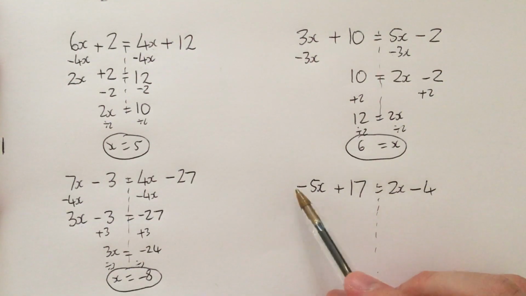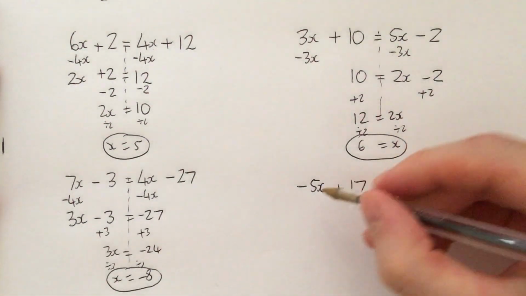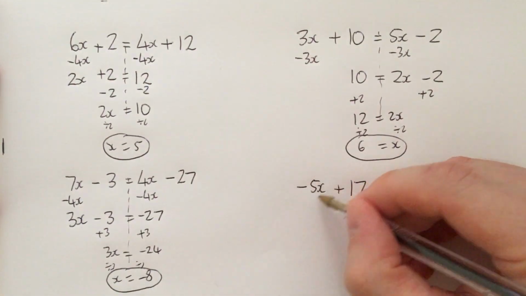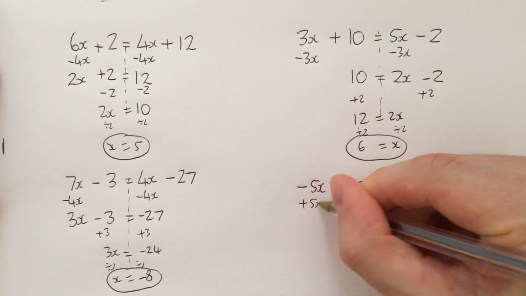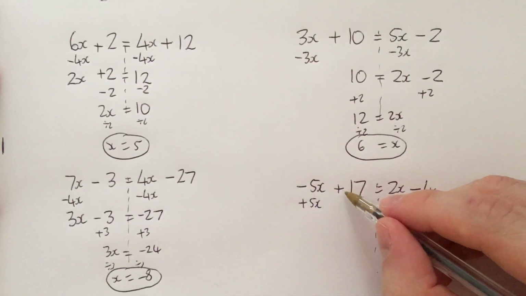That says 2x, that says negative 5x. Technically, negative 5 is smaller than 2. So to get the x's on the same side, I'm going to look at this number, because negative 5 is smaller, do the opposite, which is positive 5x. Positive 5x.